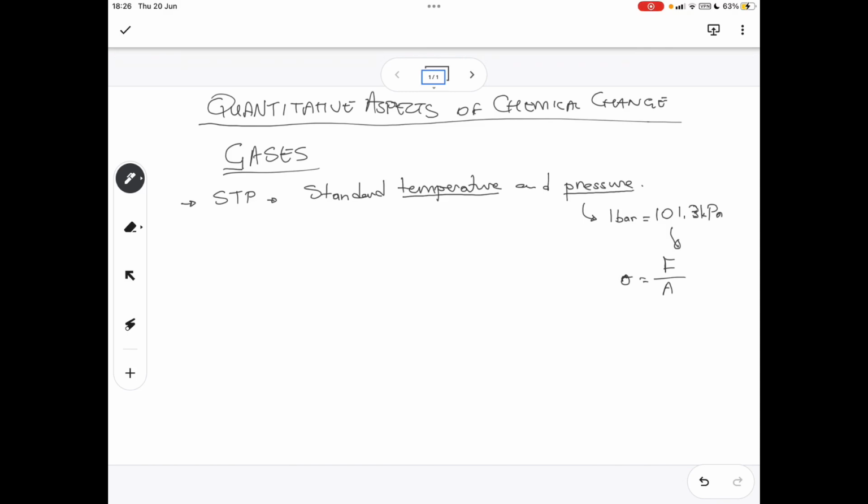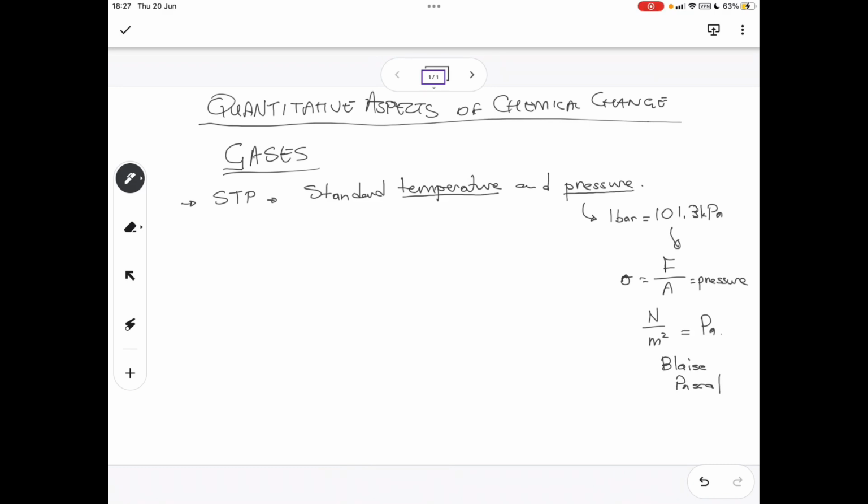That's stress, that's pressure. Its units are Newton per square meter, or Pascal. The person who investigated the effect of a force on a surface was Blaise Pascal.